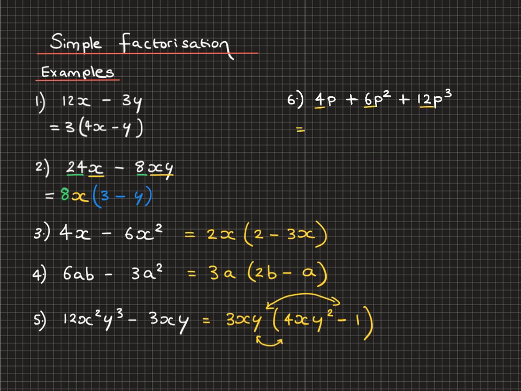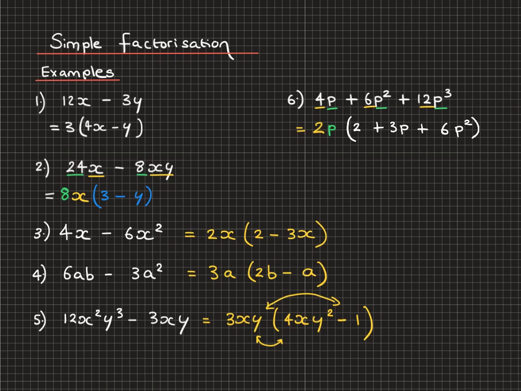Well, the highest common factor there is 2, so let's take a 2 out. And then let's look at each of the 3 terms in the algebraic part, p, p squared and p cubed. We can take out a p. That leaves inside our brackets 2 plus 3p plus 6p squared. And then you can expand back just to check that you've done this correctly.